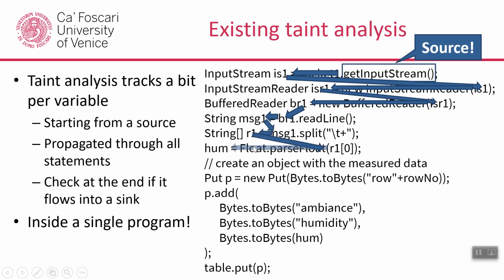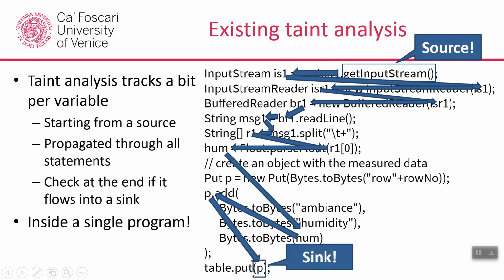Then this is parsed, so also the local variable hum that represents the humidity is tainted, then it is passed to a method, it flows into a put, the representation of a put in a table, and then this is added to the table. This is also what we consider as a sink, so an existing taint analysis engine would be able to conclude that we get something from a source flowing into a sink.